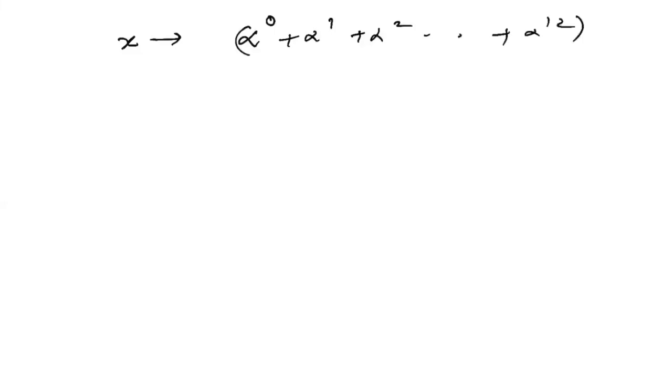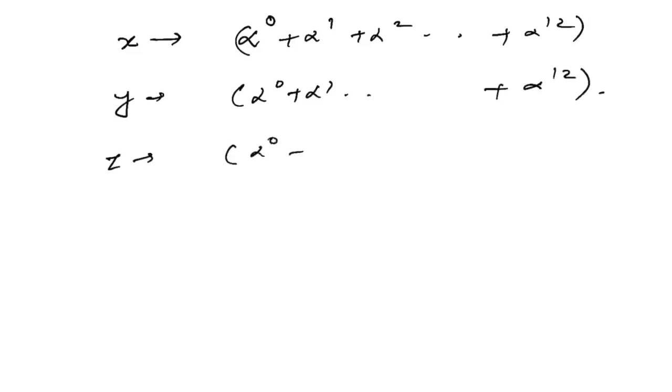Similarly, y can again take alpha to the power 0, alpha to the power 1, up to alpha to the power 12. I'm giving the base of alpha. Why am I giving it? I'll explain this for Z also and for U also.